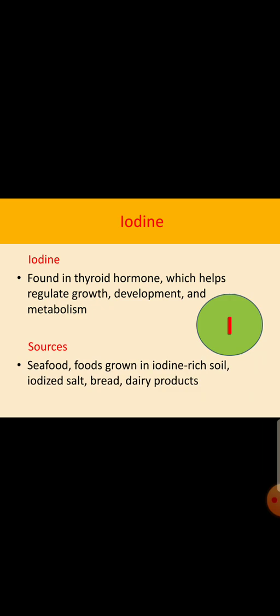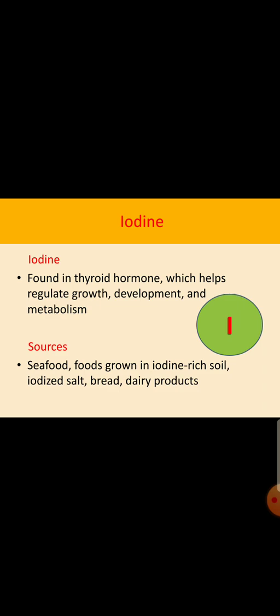Sources of iodine: seafood is a very good source of iodine. Food grown in iodine rich soil. Iodized salt, which is very common. Bread and dairy products.